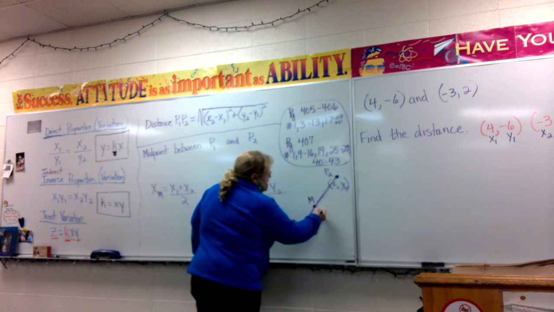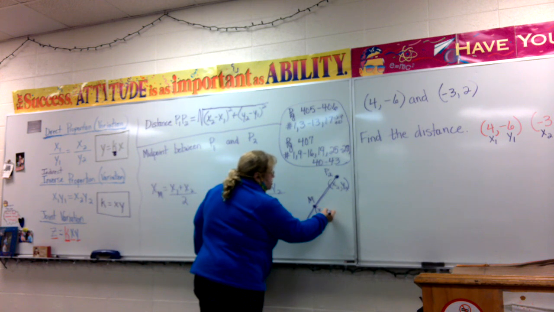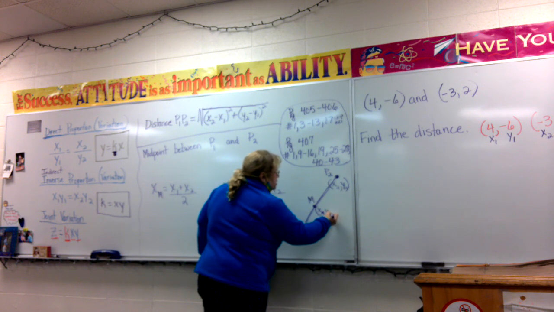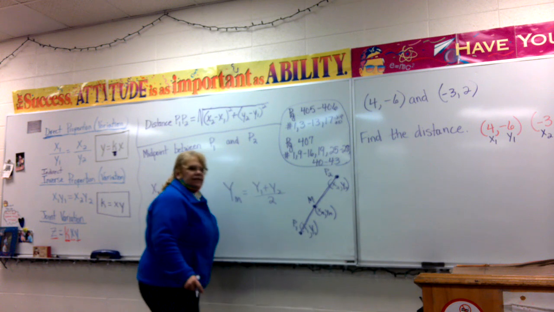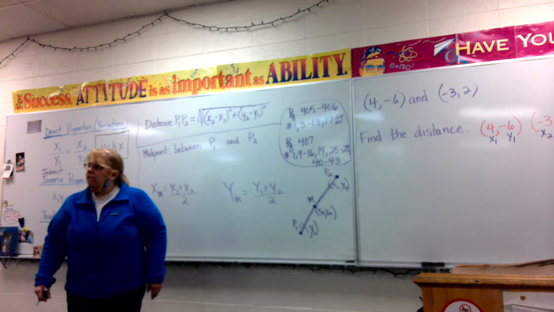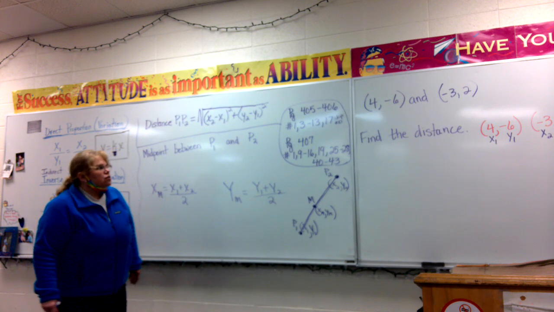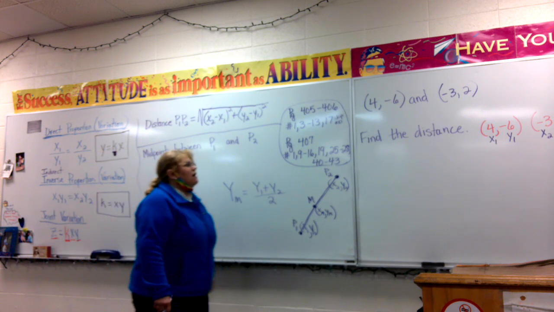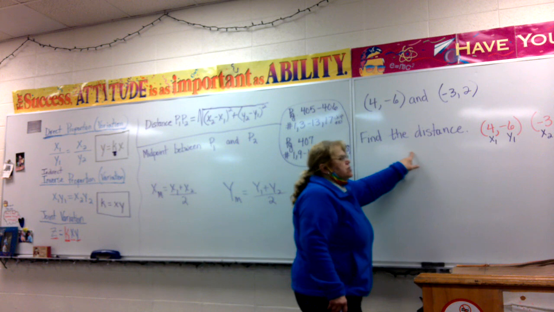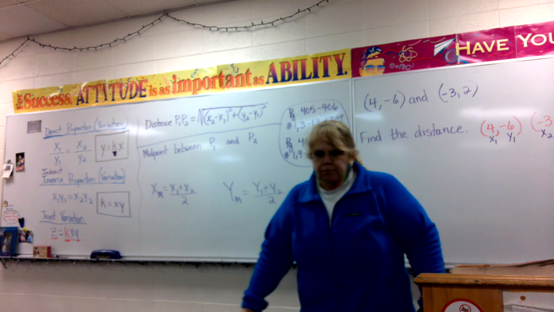So the midpoint has coordinate X and Y, but this is X of the midpoint, Y of the midpoint. Got it? So the first one, find the distance between these 2 points.